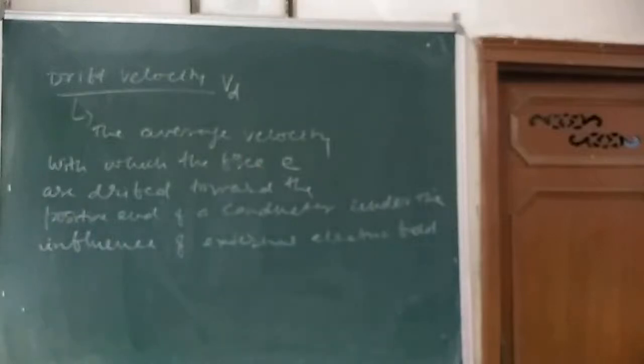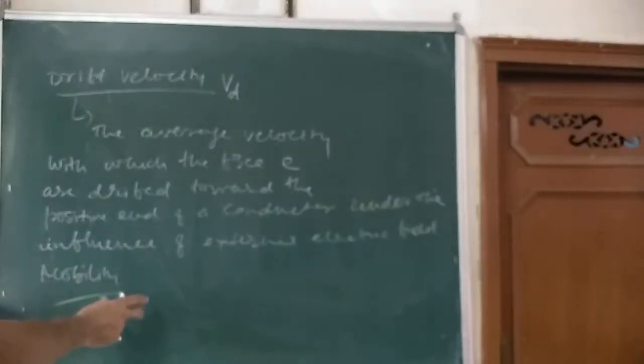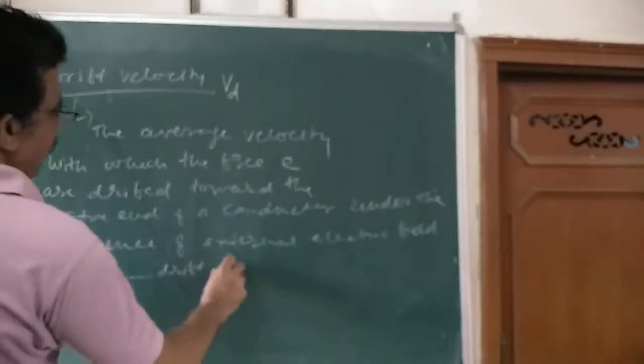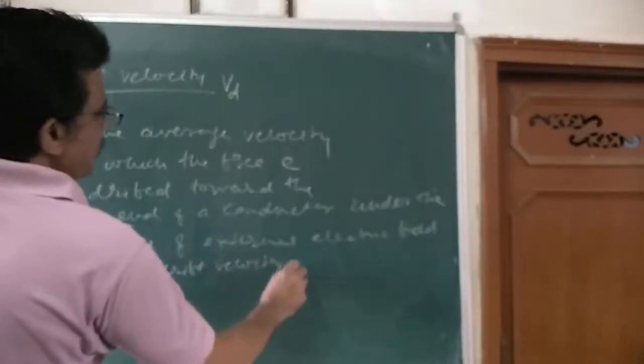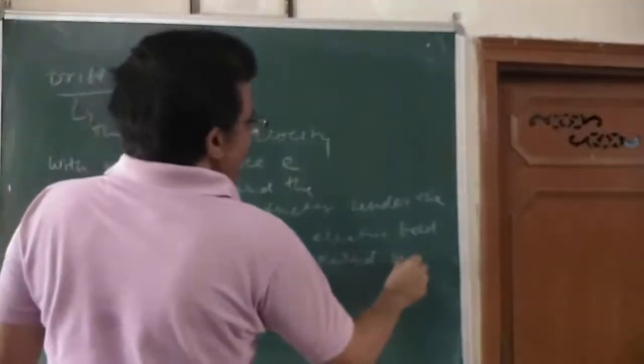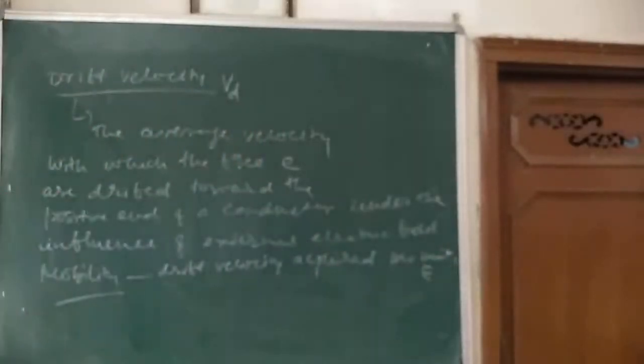Okay, write down. Now, one more term comes here, that is mobility. Mobility of a charge carrier is the drift velocity acquired per unit electric field.